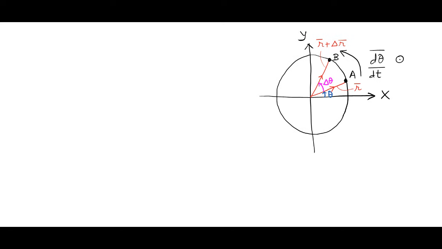Now what we want to do next is to attempt to find a relationship between the linear velocity of the particle, which is of course defined by dr bar by dt. So dr bar would be AB bar, the straight vector.